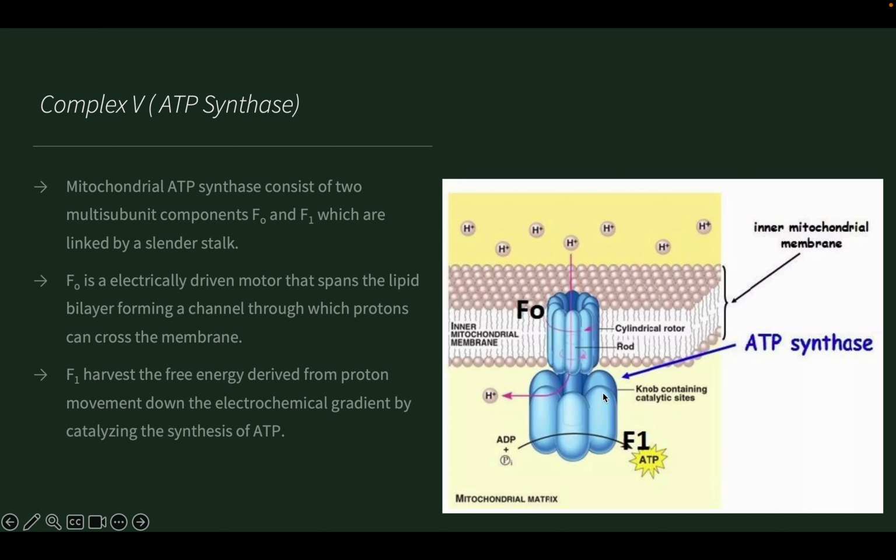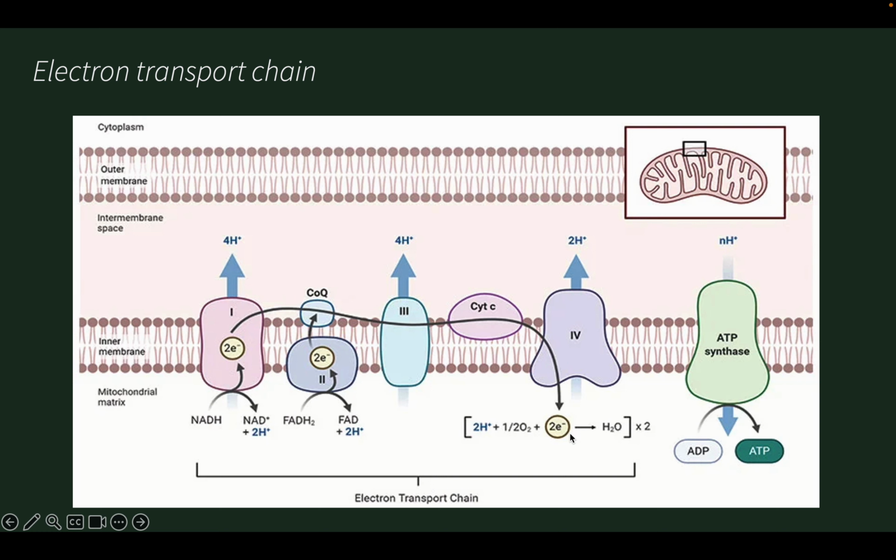Then the F1 subunit harvests the energy from the proton movement down the electrochemical gradient to catalyze the formation of ATP. So the ADP gets phosphorylated to form ATP. So this is the electron transport chain in summary.